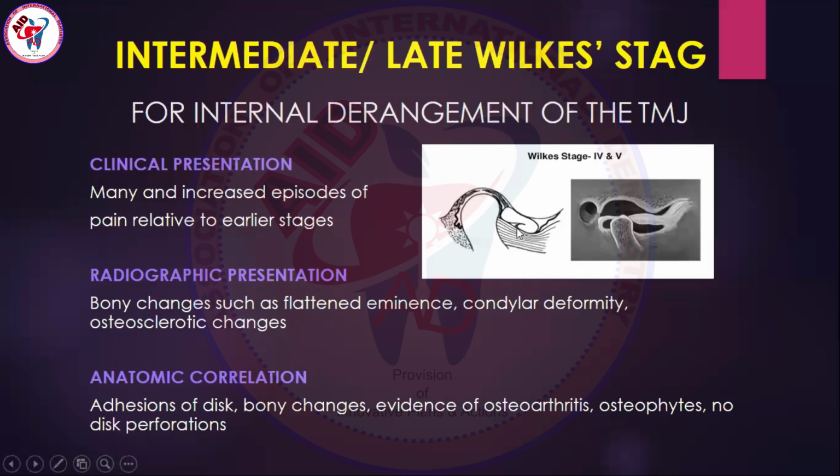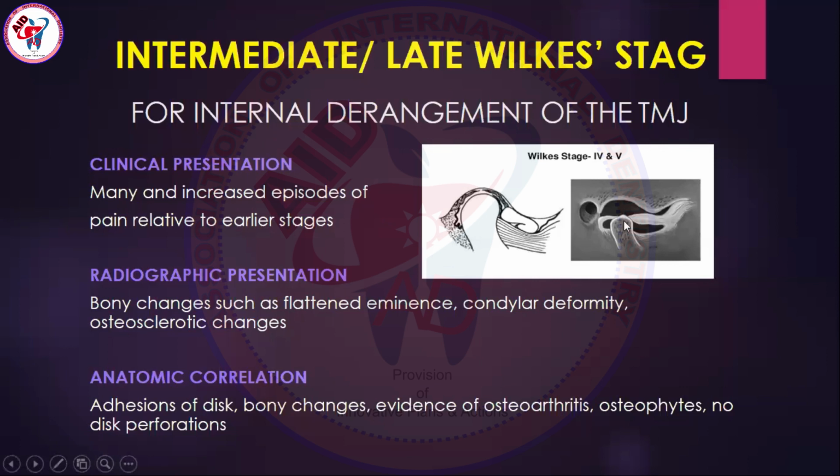You see, a disc perforation is not there, but the ligament perforation is there. The ligament is posterior, this is anterior, and this is the deformity of the bone. Here you can see the osteophytes. You see, this is a simple elevation which looks like an osteophyte.